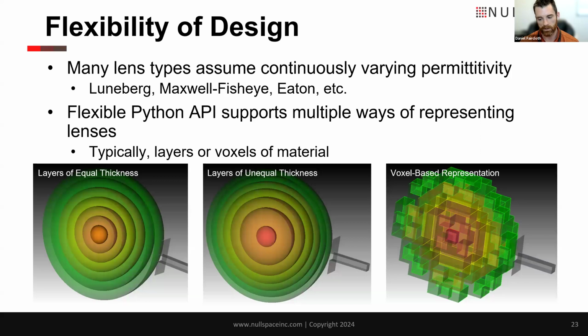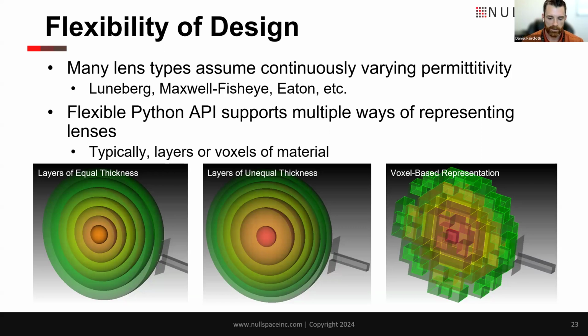And if you can specify that dielectric profile for your purposes, those lens types, using the array of materials that Fortify has available to its customers, you can design any of those types of lenses.